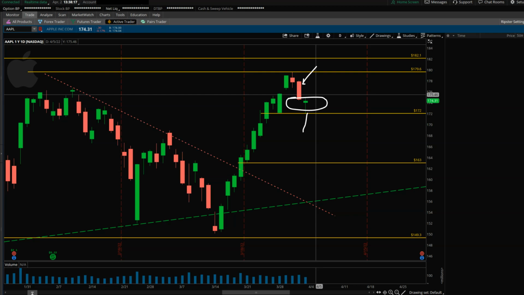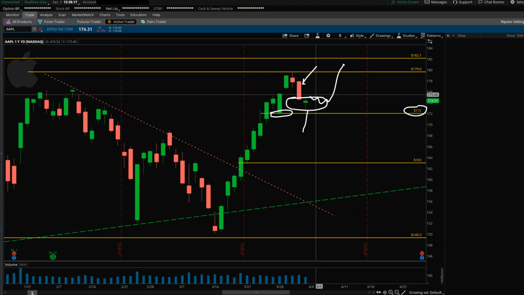We have this nice hammer bar right at the support of 172, so that's our area of reference now. Going into next week, we will treat it as our make or break point: if it gets below that, yes, it's getting weak, but if it stays above that and consolidates, then definitely we'll see if it can move towards the upside.